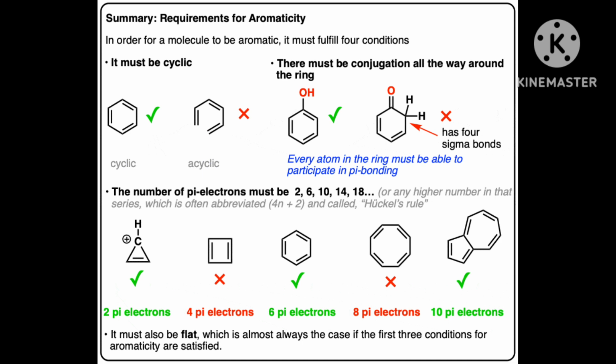A 2-ring structure is attached. Naphthalene. Okay. If you count from the double bond continuously in both rings, it is double, single, double, single, double, single, double, single, double, single.